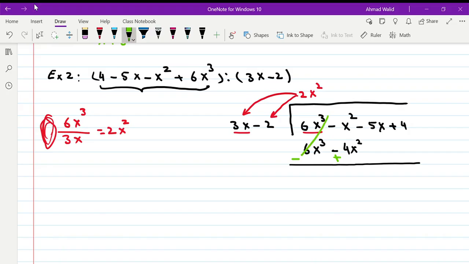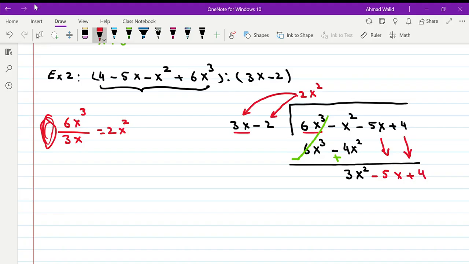These two cancel out. Negative x squared plus 4x squared gives you positive 3x squared. And bring down the other two terms. Bring them both down. No problem. Minus 5x plus 4.